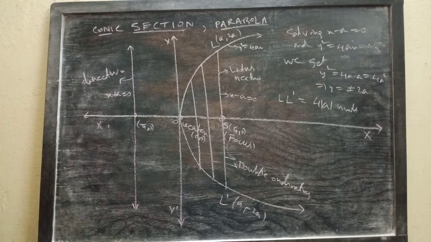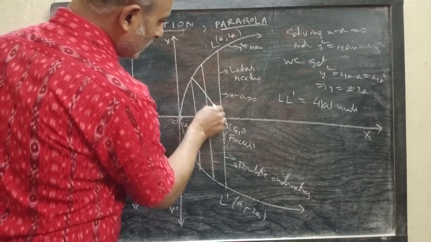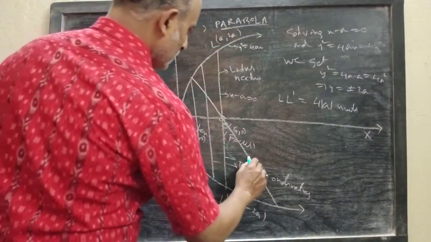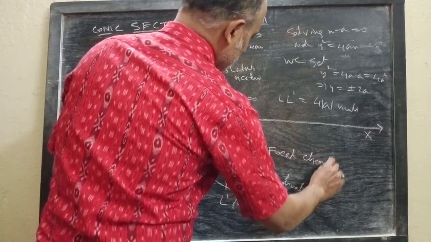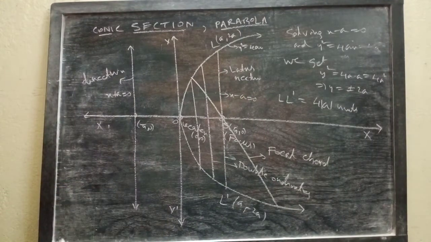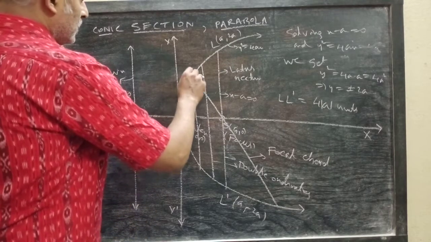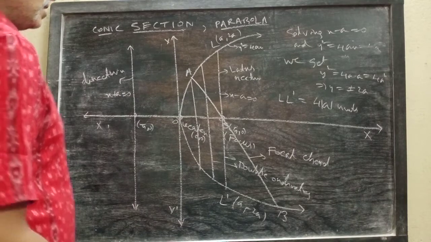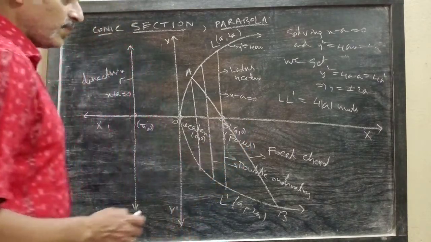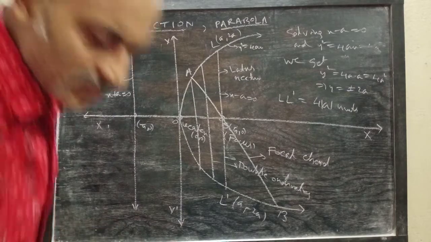The focal chord, any focal chord, this is A, this is B, say. Any point on the parabola y square equals 4ax can be taken as (at square, 2at).